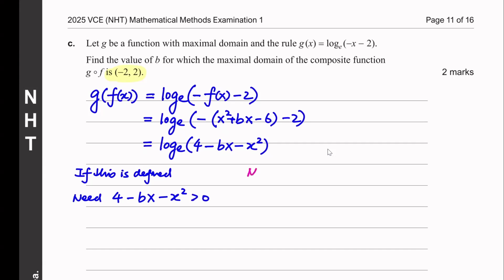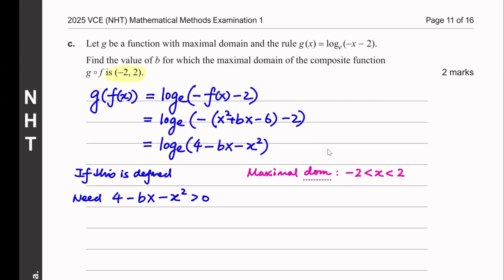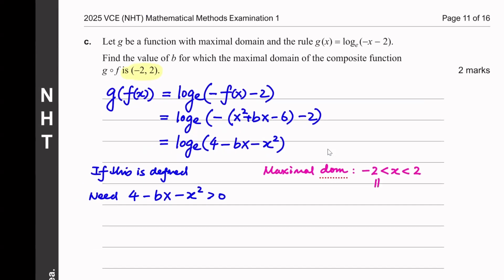Now, on the other hand, the maximal domain is minus 2 less than x less than 2. So you might say, okay, if you square everything, that will give you x squared is less than 4. And you could say 0 is less than 4 minus x squared.